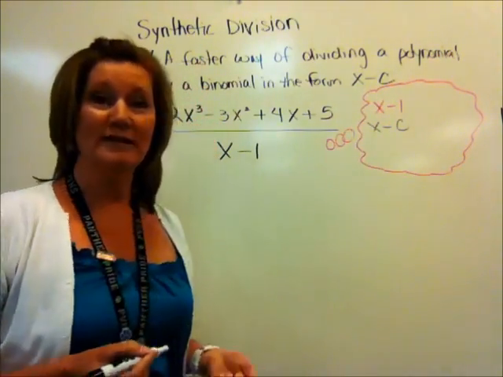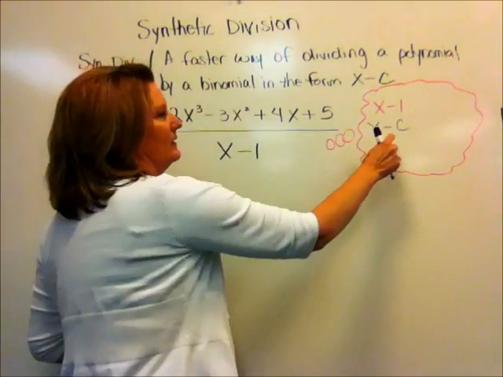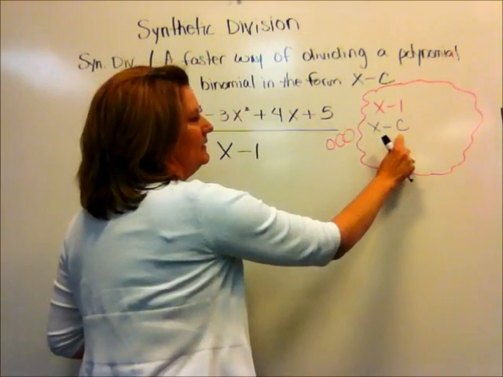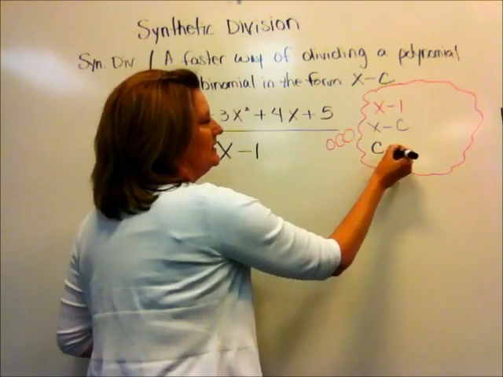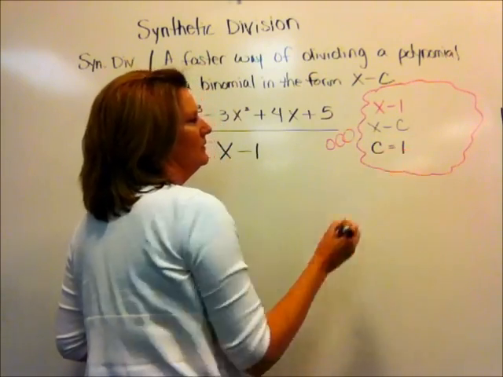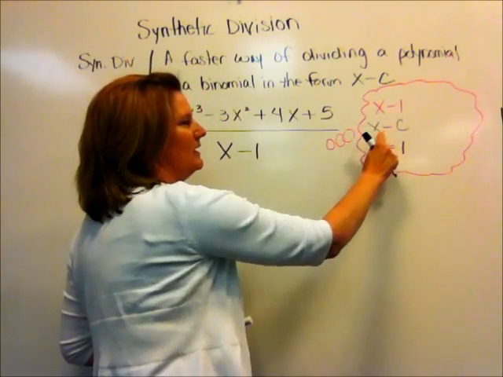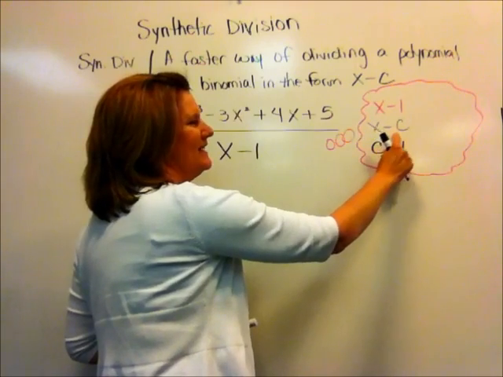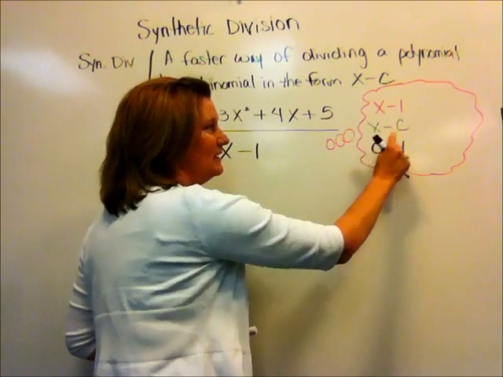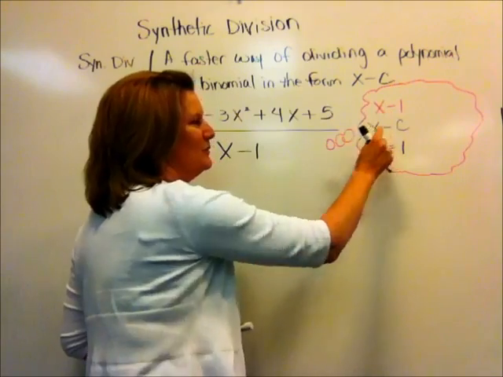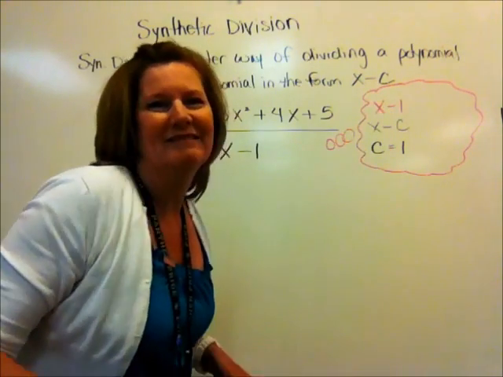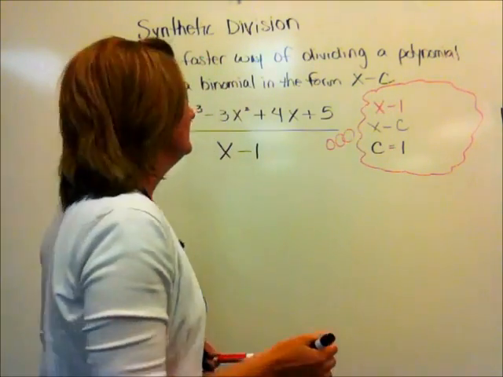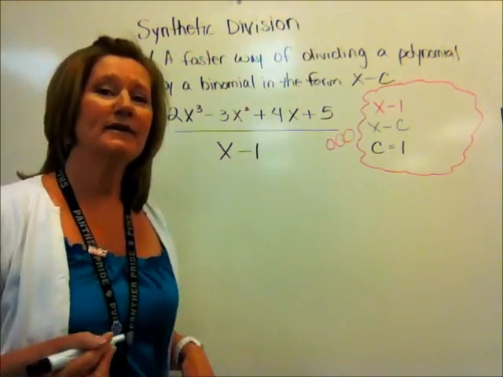What I'm looking for is c. So what would c be? Well, c here must equal 1. I need it in the form x minus c, so c is what's next to this negative. Remember that. It's going to be the opposite sign of what you think. So here you go, synthetic division.